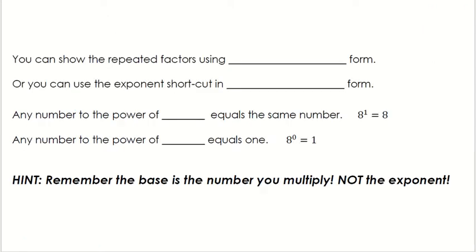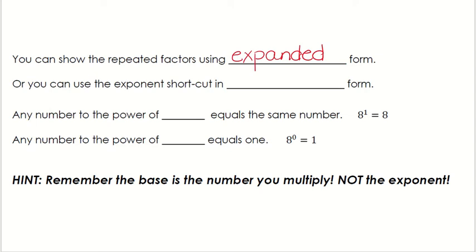Okay, so I'm still on page 41. You can show the repeated factors using something called expanded form. And if you look back in that example box above, the expanded form part is the 4 times 4 times 4 times 4 when you actually write it out.